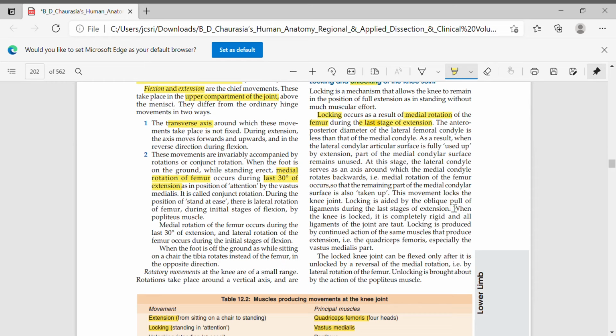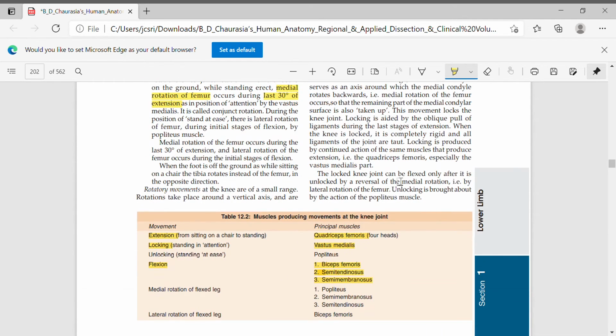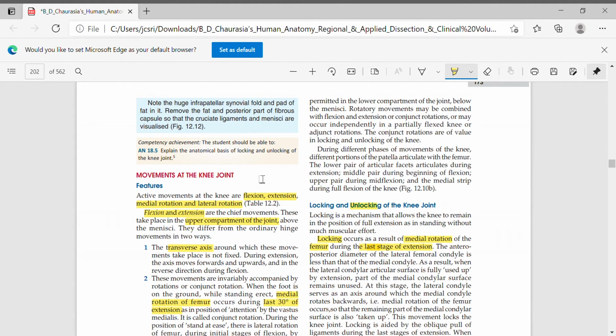Whereas unlocking is brought about by flexion, and lateral rotation takes place in unlocking.